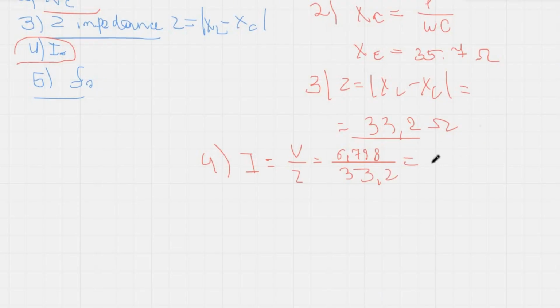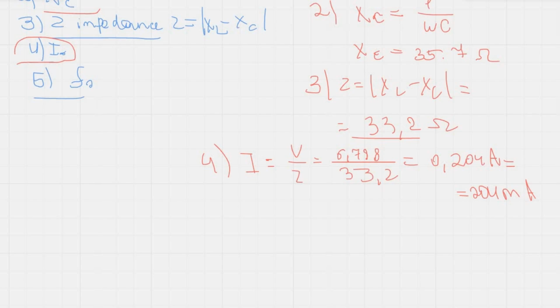Then we will get the answer. It's 0.22 ampere. Or we can write it as 204 milliamperes.